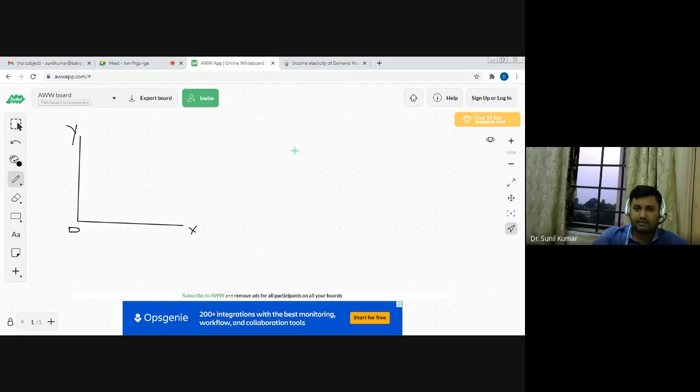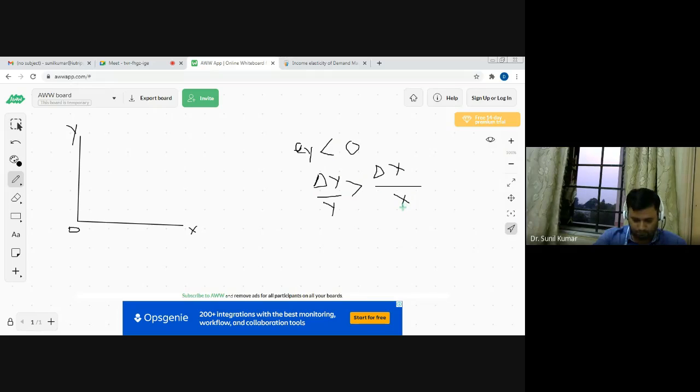Sir, EY means elasticity of demand. In this case, write down EY, just see the board, EY is less than 0, or we can say that delta Y upon Y is greater than delta X upon X. So what happens, just see, this is one type of the graph.